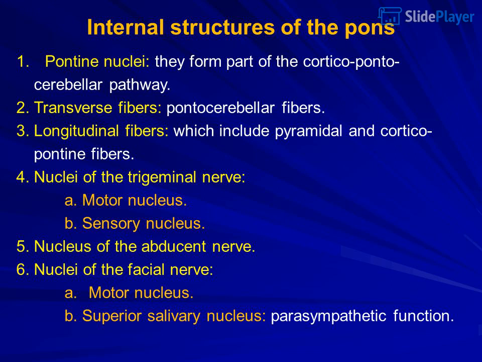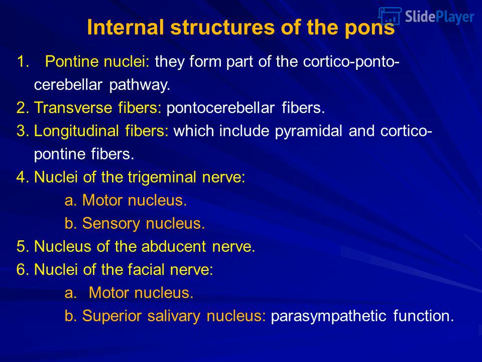Internal structures of the pons. 1. Pontine nuclei, which form part of the cortico-ponto-cerebellar pathway. 2. Transverse fibers, pontocerebellar fibers. 3. Longitudinal fibers, which include pyramidal and cortico-pontine fibers. 4.